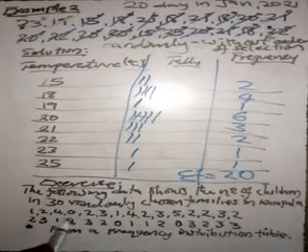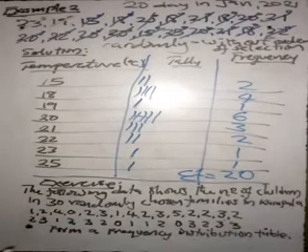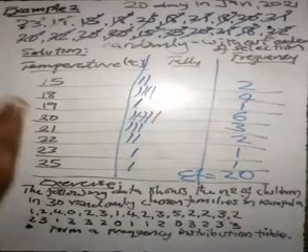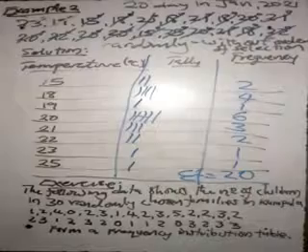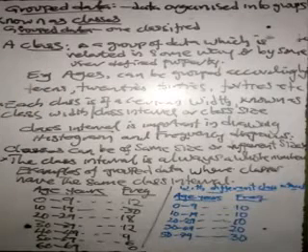Okay, my students, let's look at grouped data. When we talk about grouped data, this is data that has been organized into groups known as classes. Grouped data is one that is classified, given some kind of classification.